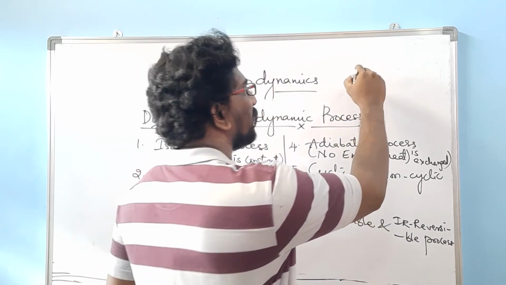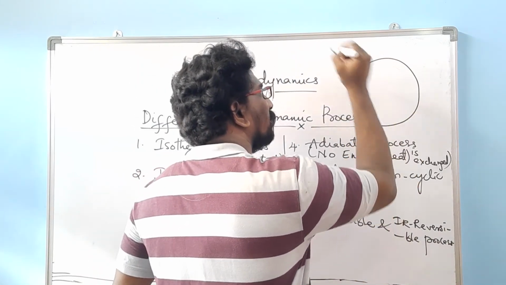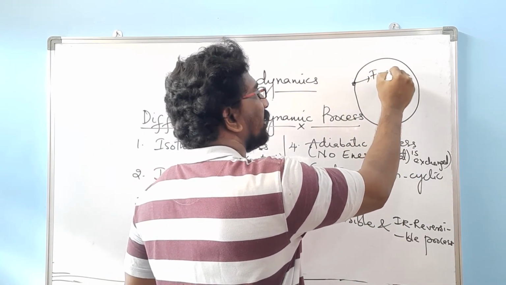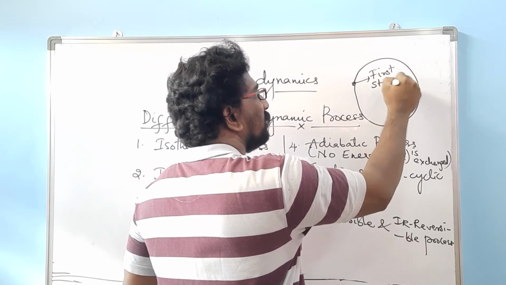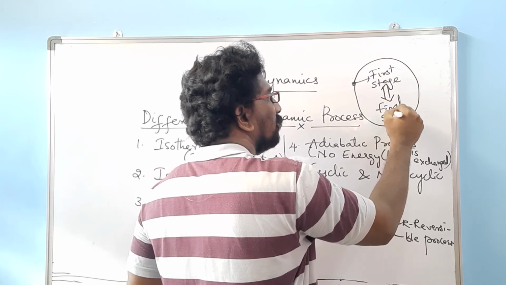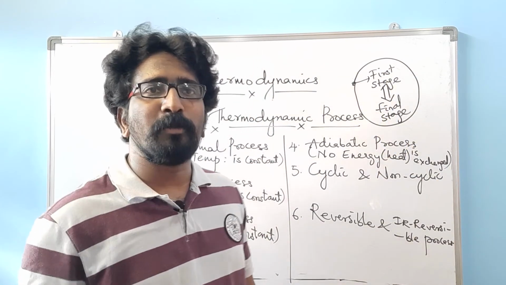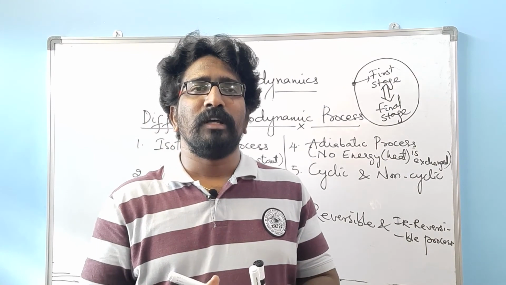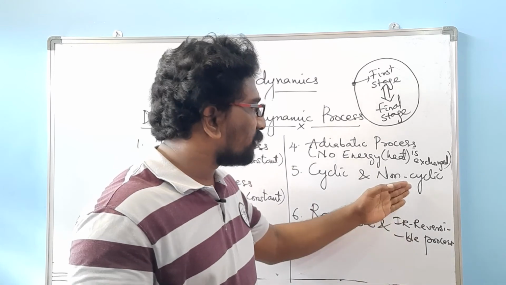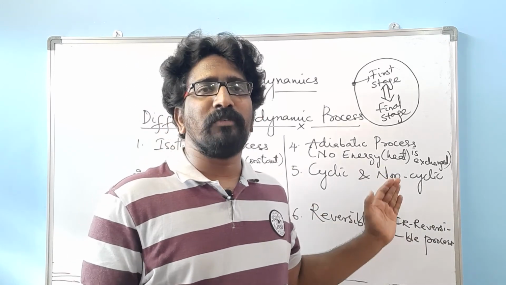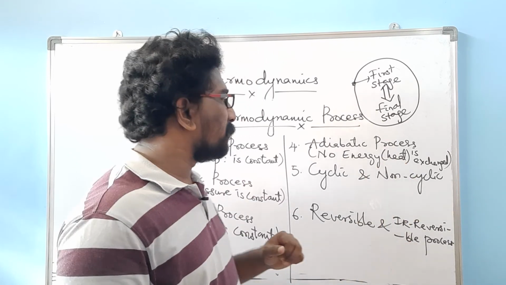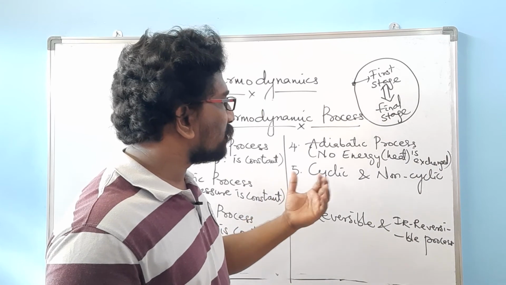If you start from one point, go through the thermodynamic process, and ultimately come back over here, the first stage is the same as the final stage. That is called a cyclic process. The reverse of that is a non-cyclic process, where the first stage will not be the same as the final state. It will be different. So those are cyclic and non-cyclic processes.